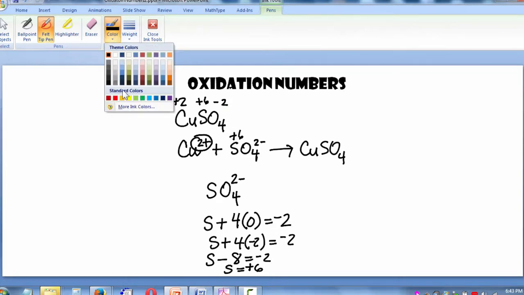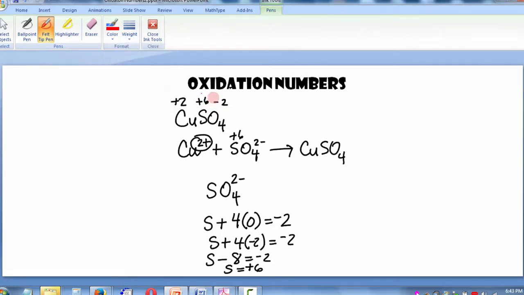Now we can do a quick check and see if that is correct. Well, we have 1 copper plus 1 sulfur, and we have 4 times minus 2. So 4 times minus 2 is a negative 8, and a plus 6 plus a plus 2 is a plus 8, and that sums up to be what? 0.